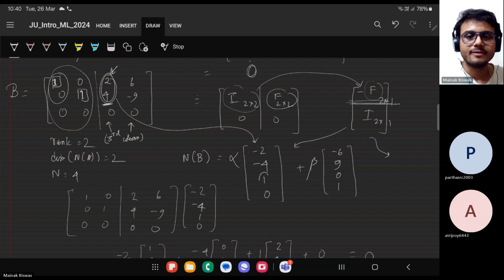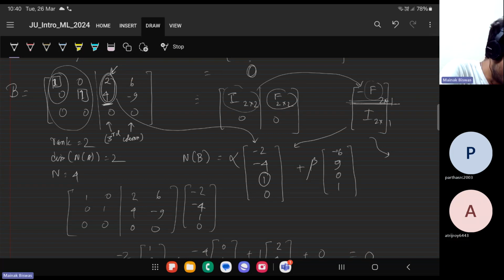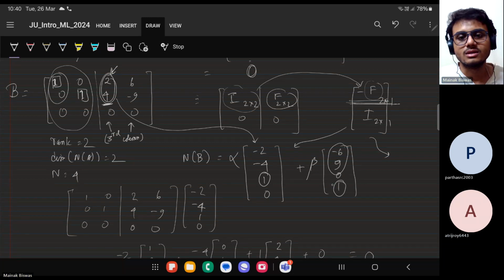This is why I wrote 1 in the third column. I have taken the fourth column here, so I have taken the 1 in the fourth column, and whatever will be left will be zeros in the dependent vector, in the independent vector.